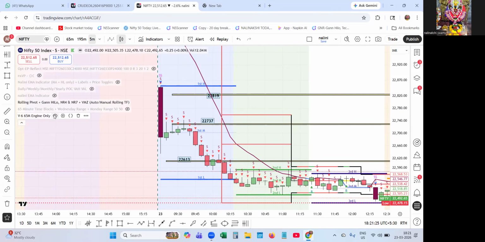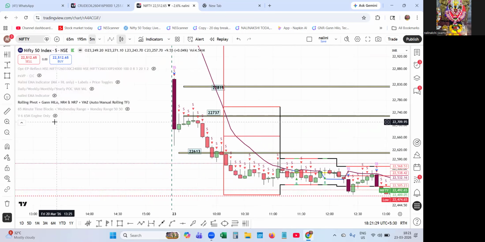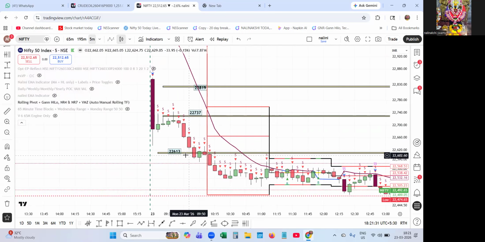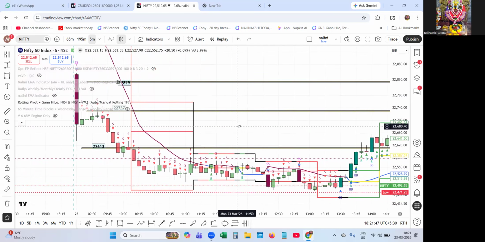For the time being, let me hide the hourly pivot, 65 minutes, this one. You know this is the S1, this is the box. This is the pivot, 22,737.